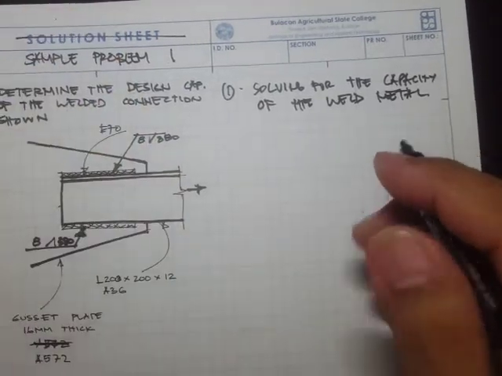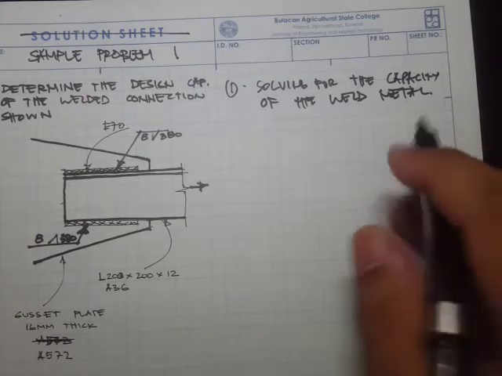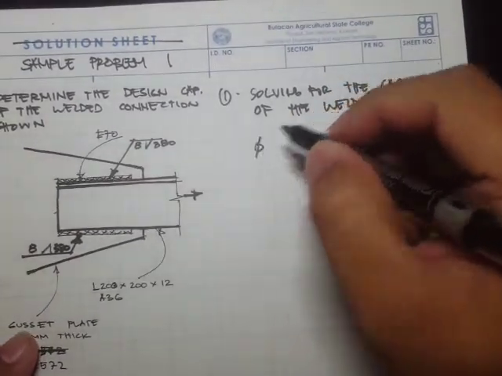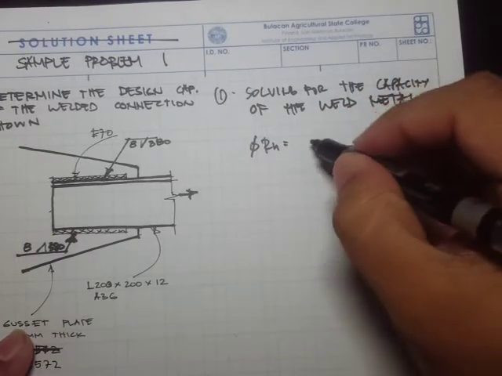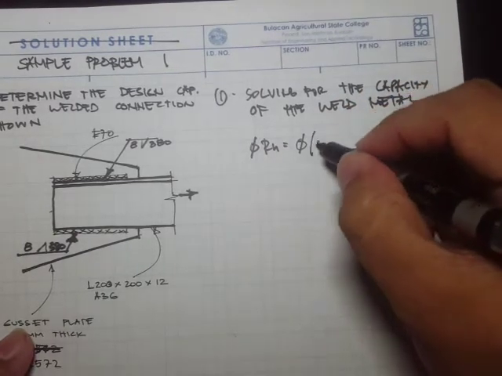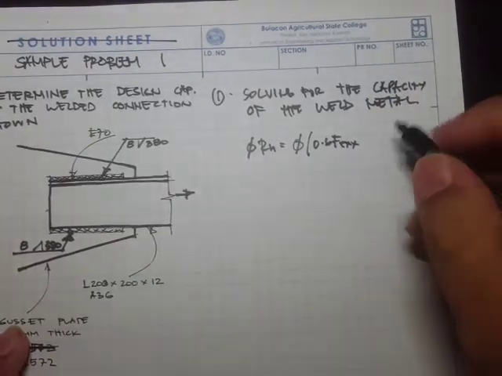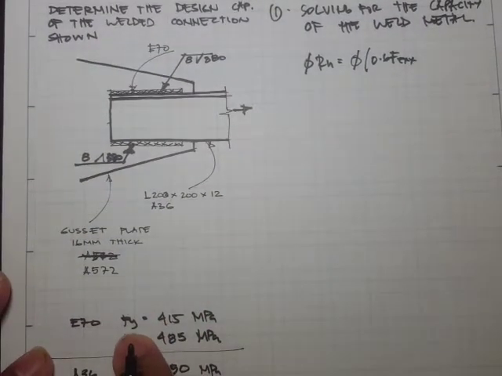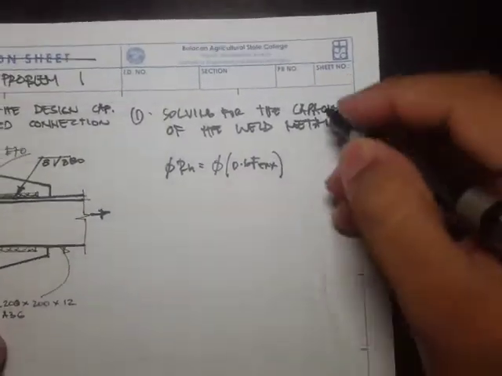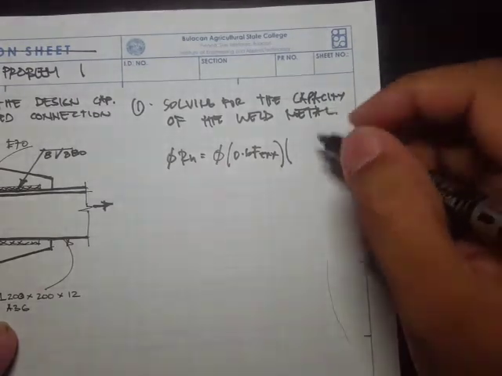Our equation, you can solve per unit length, or we can directly solve the factored capacity Rn, which is just equal to the reduction factor times 0.6 Fy, that's this Fy 415, times the throat length and the area.